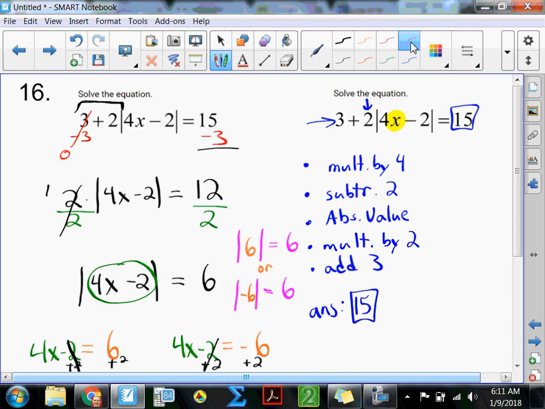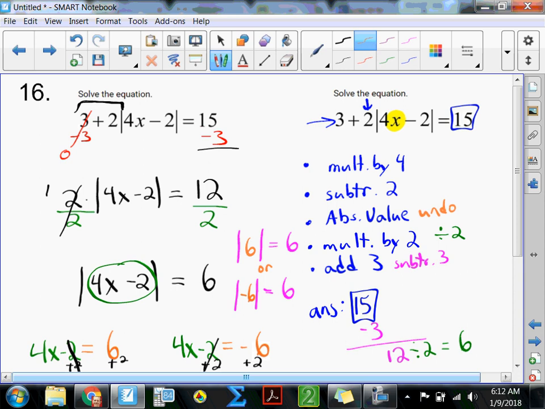If I take 15 and I subtract 3 to do the opposite of the last step, I'm going to get 12. 15 minus 3 is 12. If I then, instead of multiplying by 2, I decide to divide by 2, I get 6. This next one, we kind of undo the absolute value.